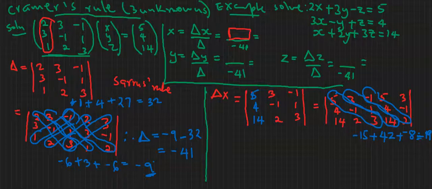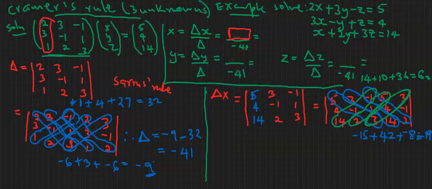Then you repeat with this other side: negative 1 times negative 1 times 14, that is positive 14, plus 2 times 1 times 5, plus 10, plus 3 times 4 times 3, that is 36. So 14 plus 36 plus 10 gives us 60.